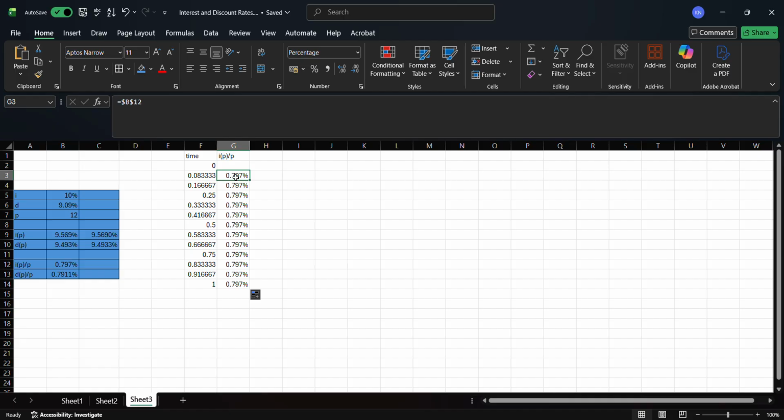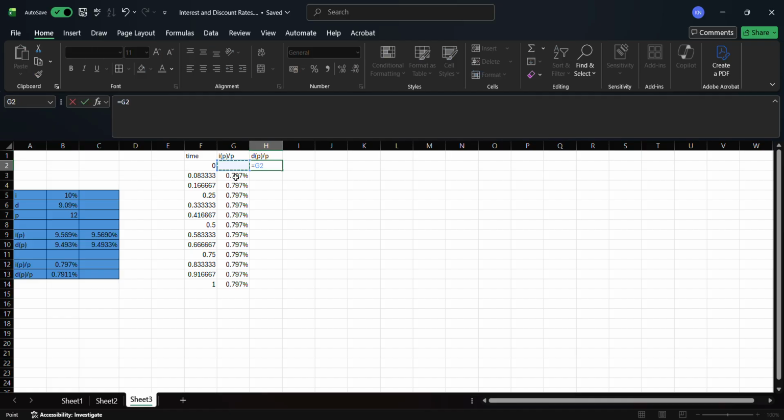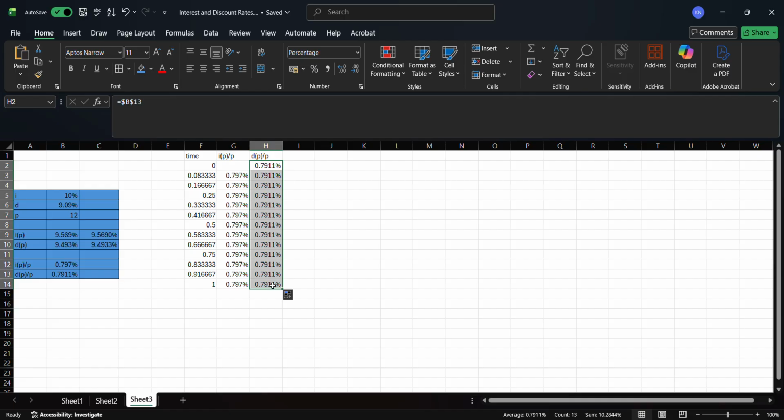So at the end of the first month, we earn the effective monthly interest, and at the end of the second month, third month, fourth month, until the 12th month. And for the monthly effective discount rate, you earn it at the start of each month. So we'll have these at the start of each month.